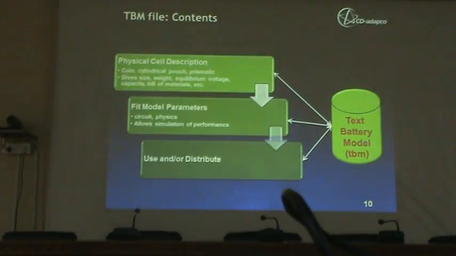So TBM file is just an output of Battery Design Studio. Whenever you create a file or a new project in Battery Design Studio, it saves it with an extension of .tbm. That's what I mean by TBM files. Now, whenever you create a project in Battery Design Studio, what inputs are required from your side? The geometry has to come from your side. What is the chemistry, what are the different materials involved, has to come from your side.